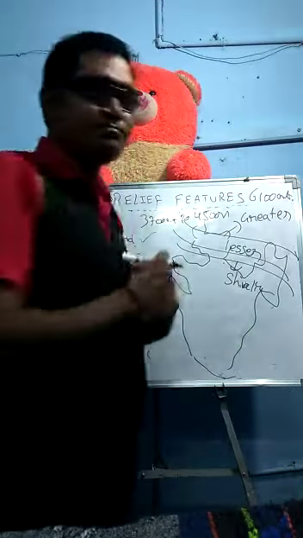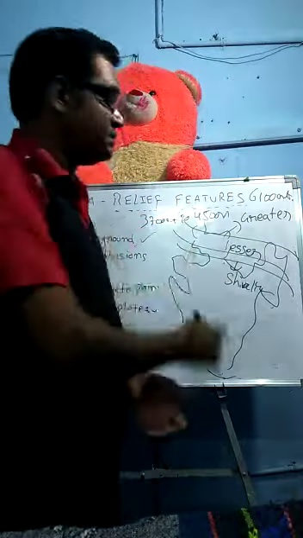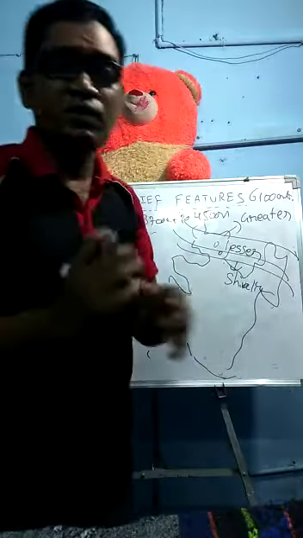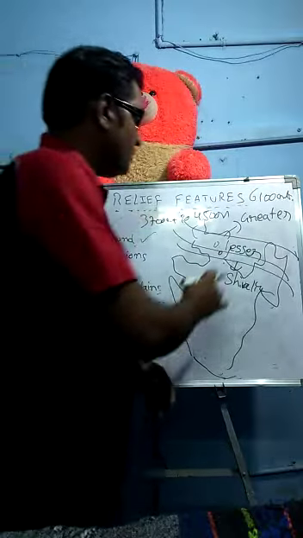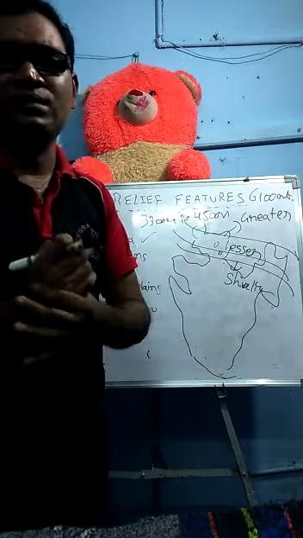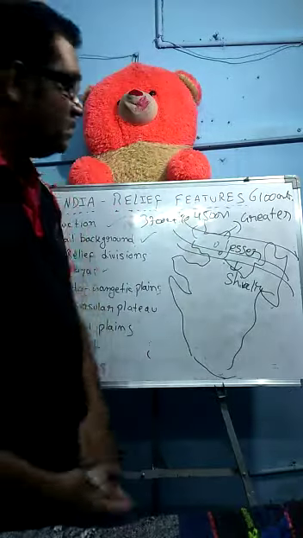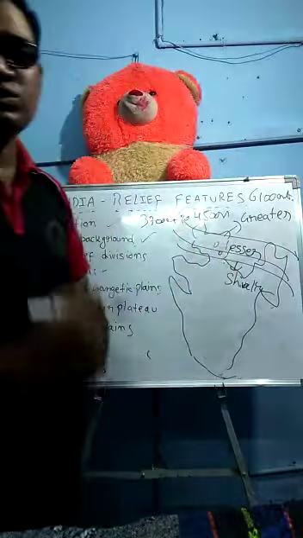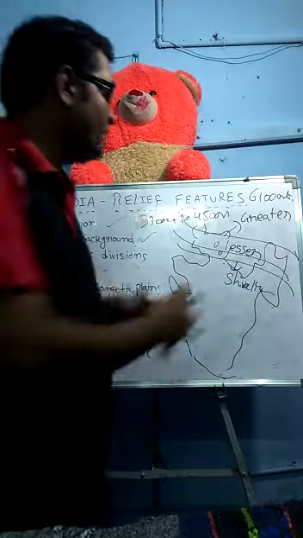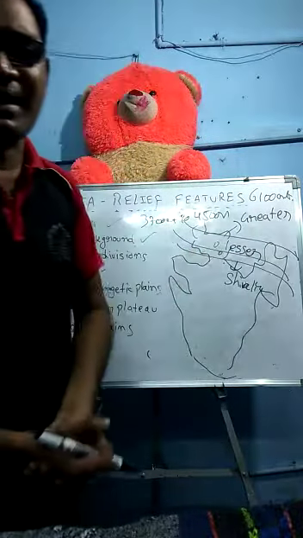Next, the Kashmir valley, and in Himachal Pradesh the Kangra and Kulu valleys. Hill stations are also here: Simla, Mussoorie, Nainital, Ranikhet. Compressed rocks are also here, and these hills are covered with evergreen forest. These are the details of the Lesser Himalayas.